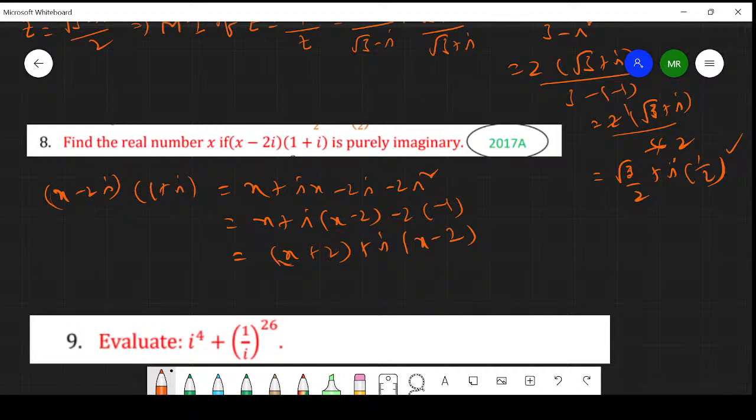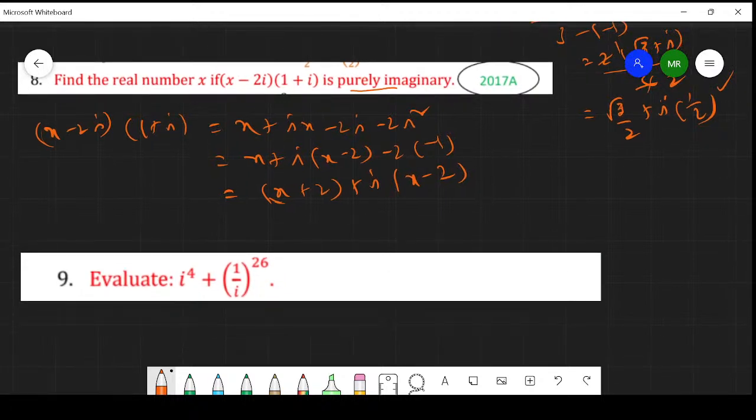They are saying it is purely imaginary. Purely imaginary means the real part should be 0. Since the given number is purely imaginary, the real part should be equal to 0.